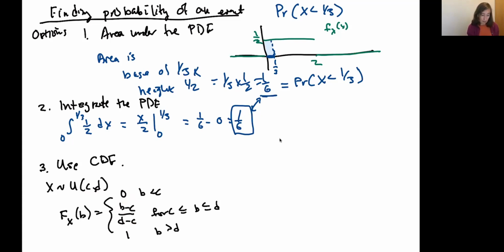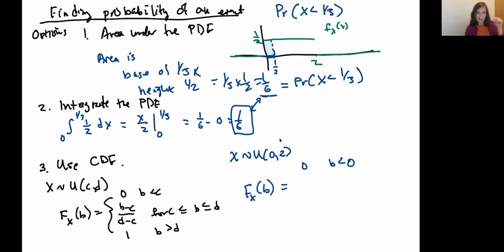And what we have here for the one that we're looking for is a random variable that is uniform on 0, 2. It starts at 0, goes to 2, and has constant probability there. So putting that into the CDF values here, the CDF is 0 when B is less than 0.